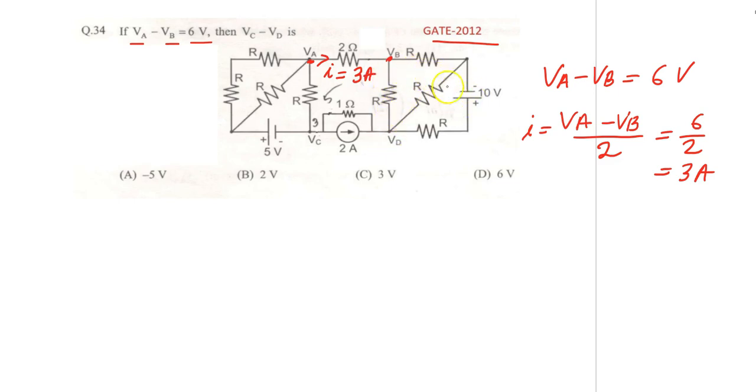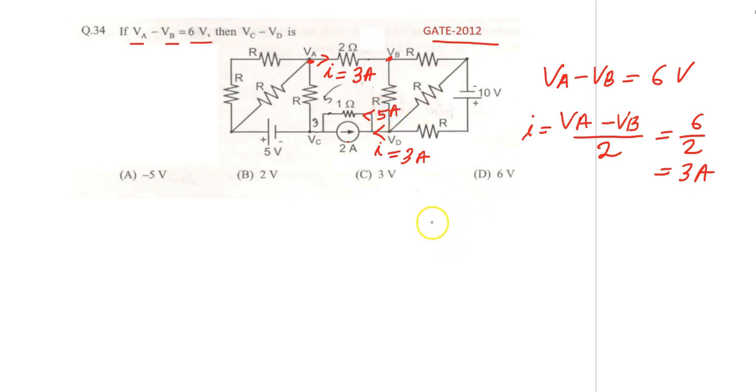Whatever the circuit on this side, we least bother about, because once current goes through this branch, it has to return, right? Here is also I equal to 3 amp, same current, and here your 2 ampere current, here 3 ampere current is coming. So how much current is flowing through the 1 ohm resistor? 5 ampere.